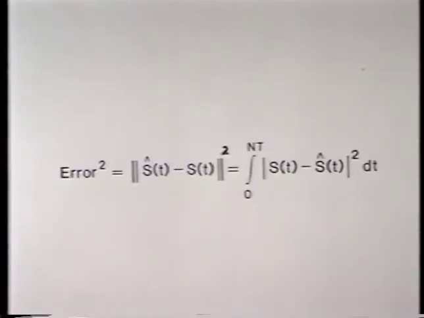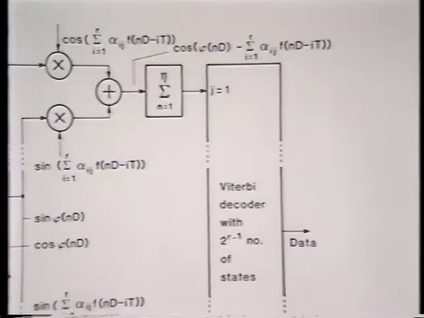As an error signal, the least Euclidean distance is used, which is a norm of the difference signal, integrated over the duration of a path in the trellis. This corresponds to a matched filter, which is performed for every phase path in the trellis.